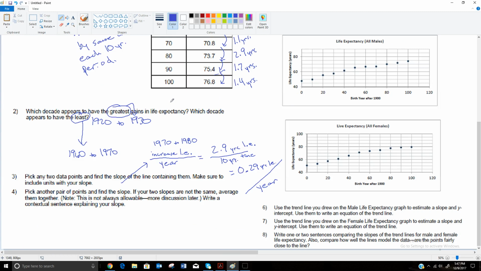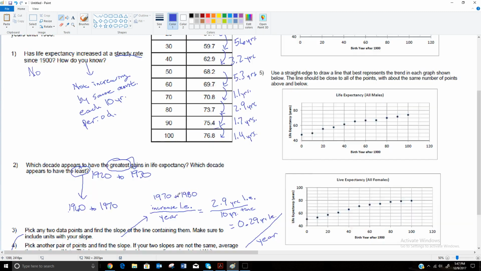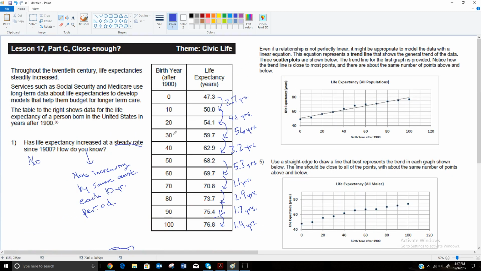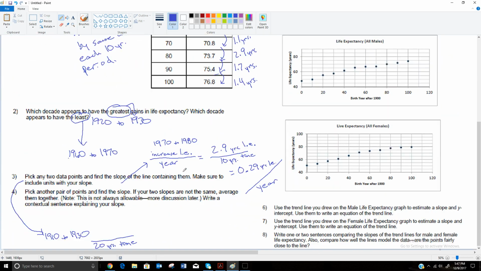That would be an increase of 20 years of time. How much did it go up from 1910 to 1930? It went up by 9.7. So 9.7 years of life expectancy gained in 20 years of time.